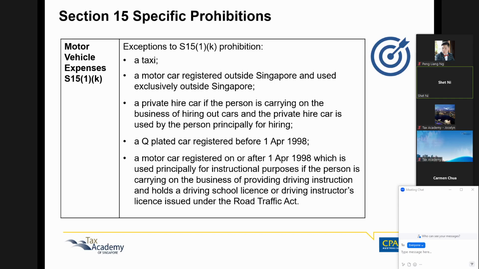And then if the motor car is actually registered to be used for teaching purpose, okay, and it's quite specific. Here then all these items listed here, the expenses incurred are actually deductible. But in most cases where we are looking at a normal company which is not doing any of these activities, the reimbursements, all these in respect of private car, they are not deductible.